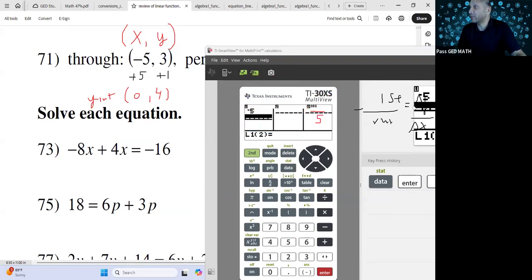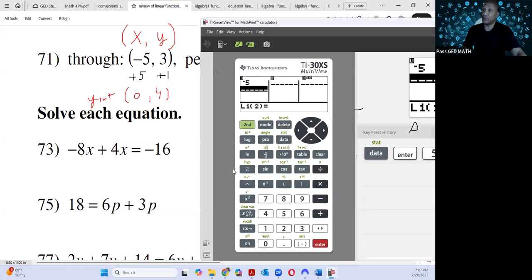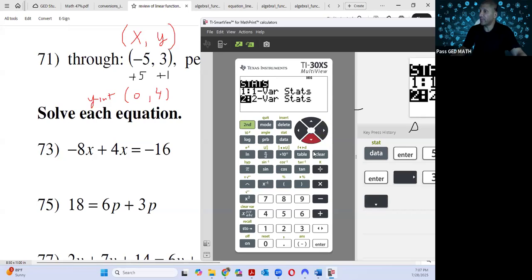So I knew my slope of my perpendicular was 1/5, but it doesn't matter. I just need my 2 points. -5, enter, 0, enter. Hit my right arrow, 3, enter, 4, enter. Second, data, 2 variable, calculate.